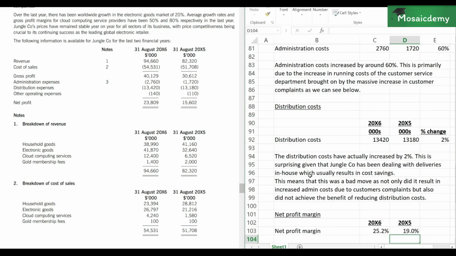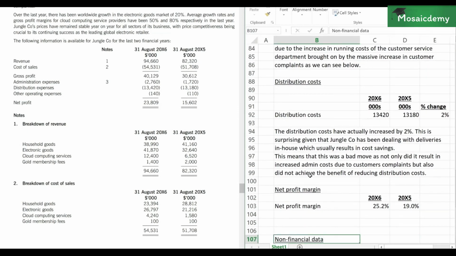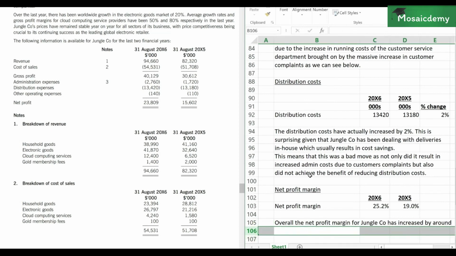15,602. Okay, and we can make our closing point based on this because net profit margin is telling the overall picture. Overall, the net profit margin for Jungle Co has increased by around 6.2%, right?